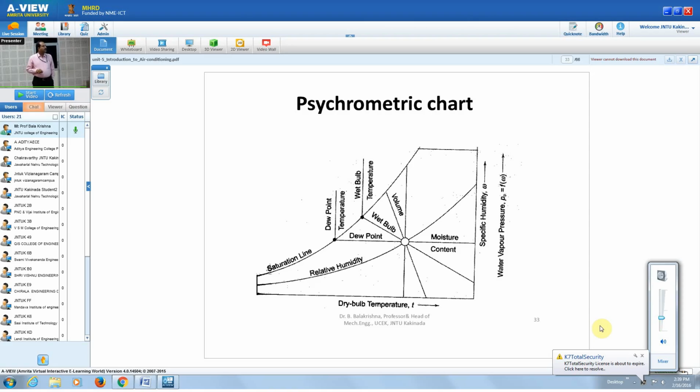And then this vertical line is called the dry bulb temperature line. Okay? So this is the specific humidity, which is small w, and then the water vapor present. So this is actually the dry bulb temperature, this one. This is the psychrometric chart. Next slide.